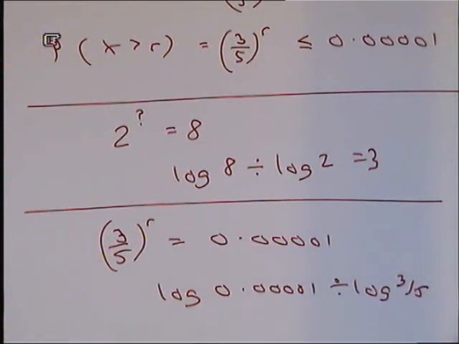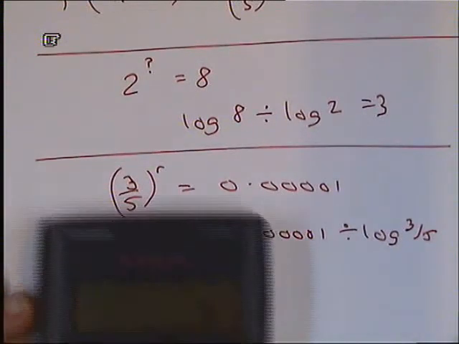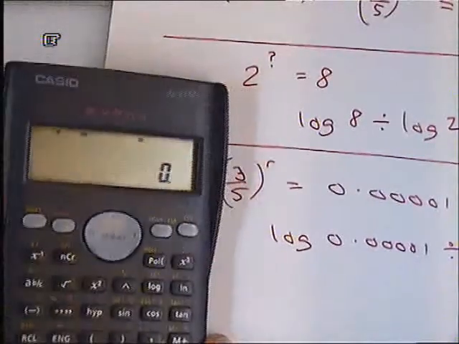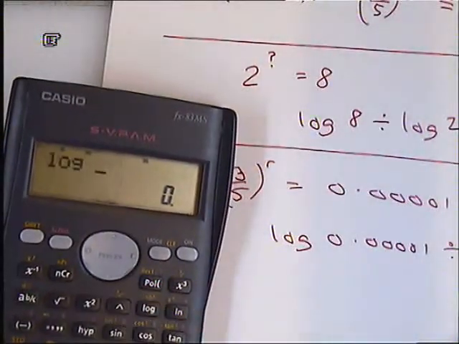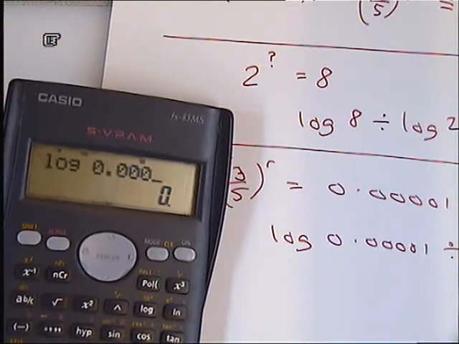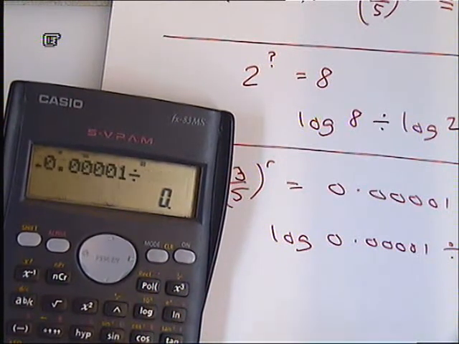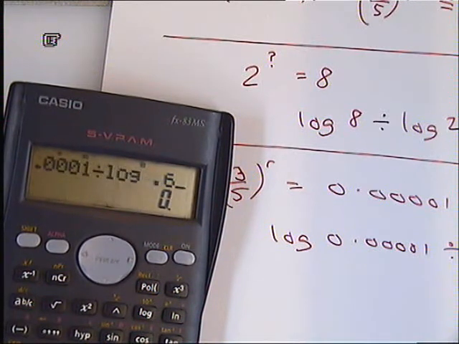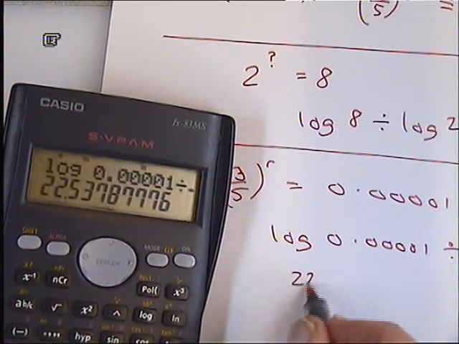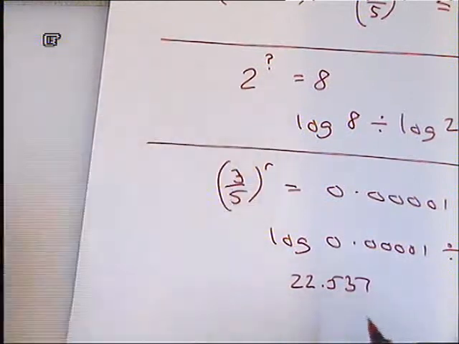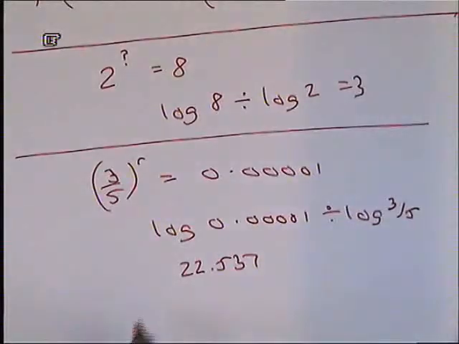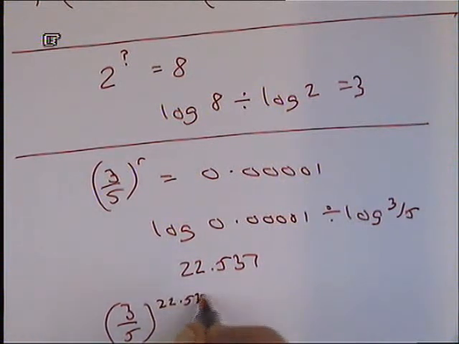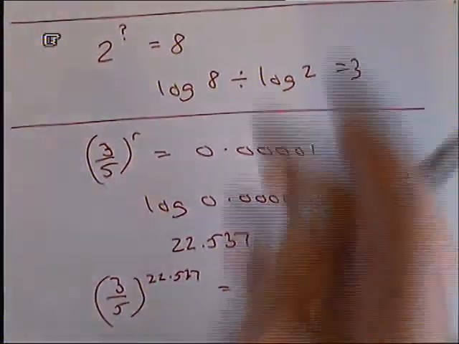If you do that sum on a calculator, log of 0.00001 divided by log of 3/5, which I just put in as 0.6, I get an answer of 22.537. So I've just found out that 3/5 to the power of 22.537 is 0.00001.